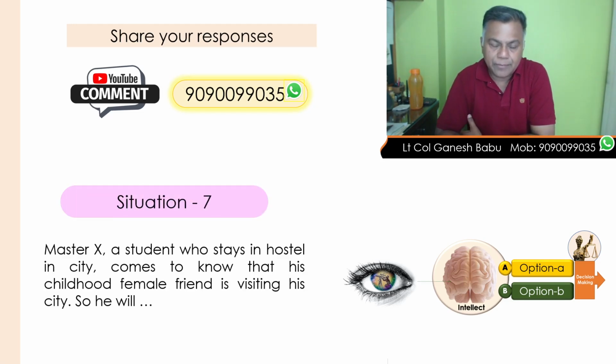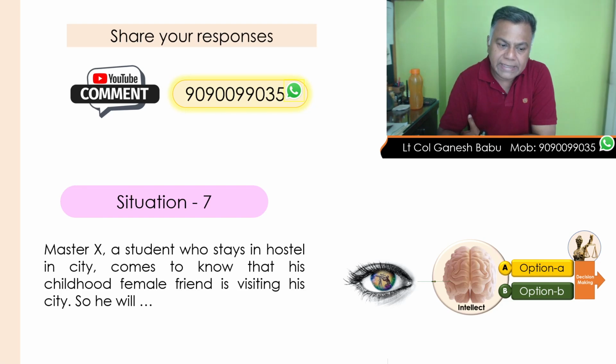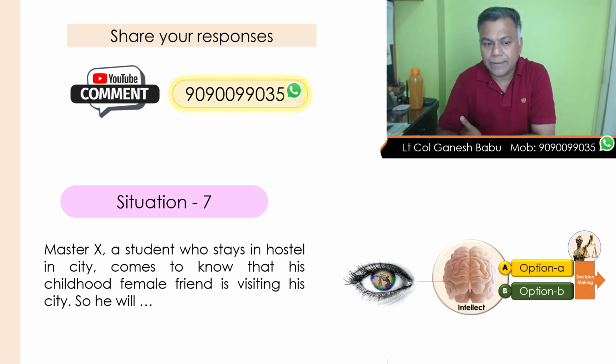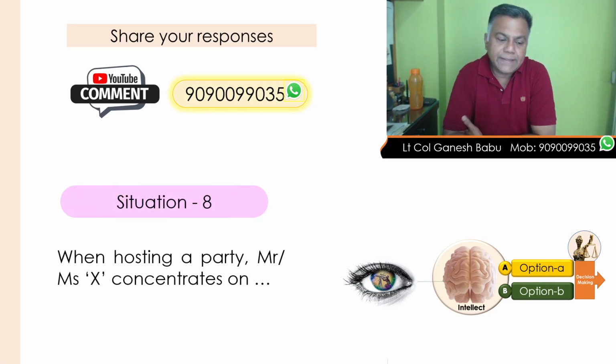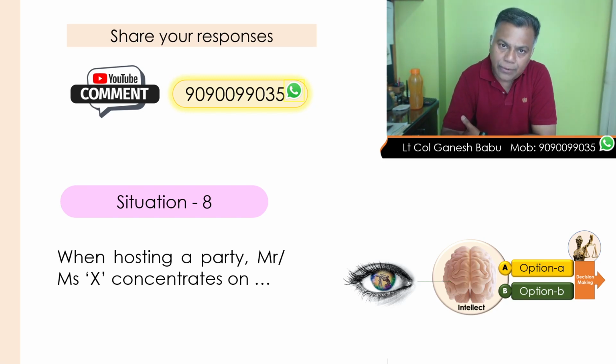Situation number 7. Master X, a student who stays in a hostel in the city, comes to know that his childhood female friend is visiting his city. So he will. Write your response. Situation number 8 is, when hosting a party, Mr/Miss X concentrates on.